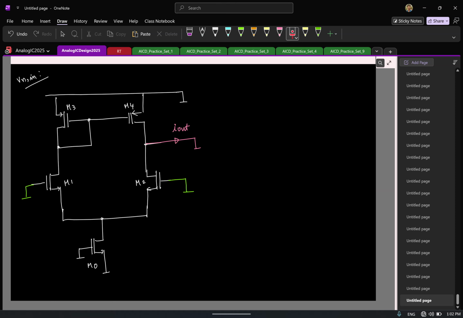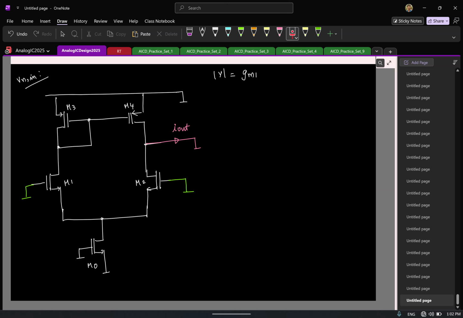What is the small signal gain from the differential input to the output current? GM of which transistor? The gain is already known. The gain is basically GM1 or GM2, doesn't matter. So I just have to find the noise current at the output due to all 5 transistors. Once I do that, I can divide it by GM squared and get the input referred power spectral density.